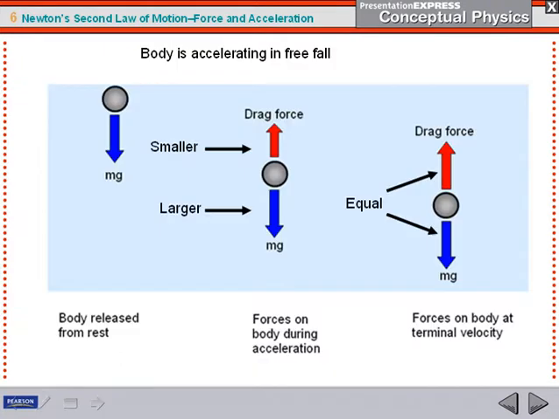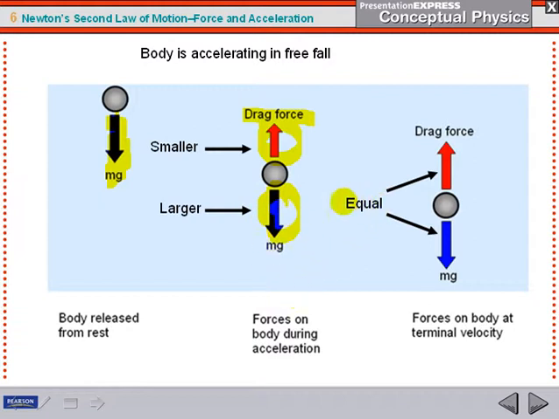So let's look at a body accelerating in free fall. The body is released, and you can see that there's a weight pulling the body down right here. And then as the body accelerates, it starts to get faster, and a drag force, this is air resistance, starts to build. Now if you look, that force is smaller than that force.